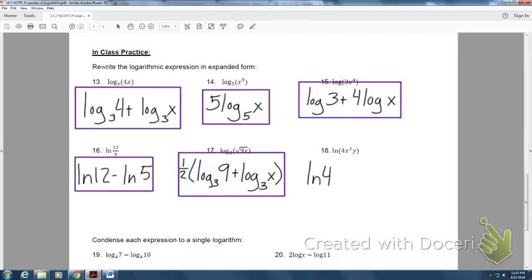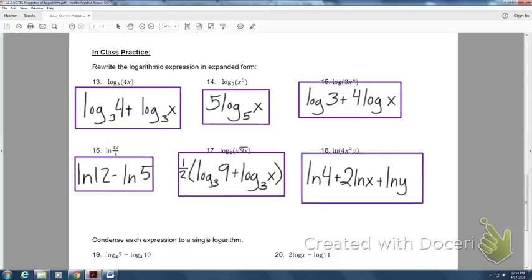Natural log 4 plus 2 times natural log x, because it was x squared, plus natural log y. So there are the answers to all of the expanded problems, and then the next one will be the condensed.